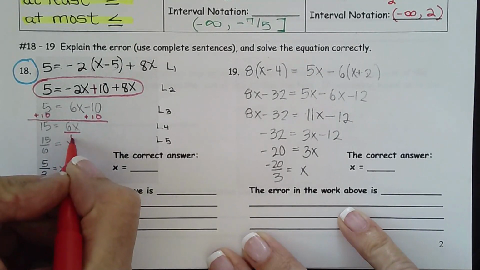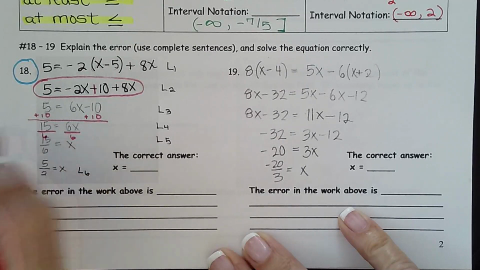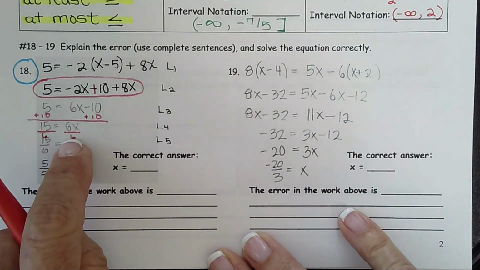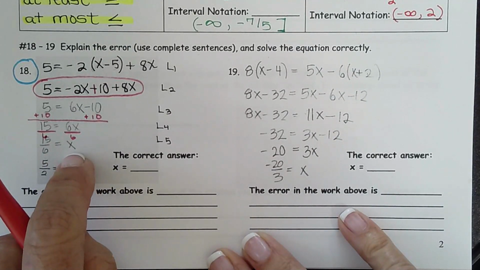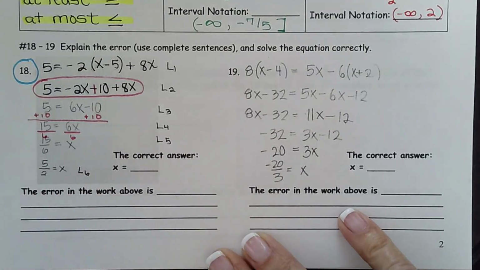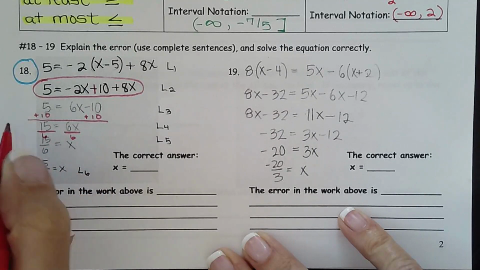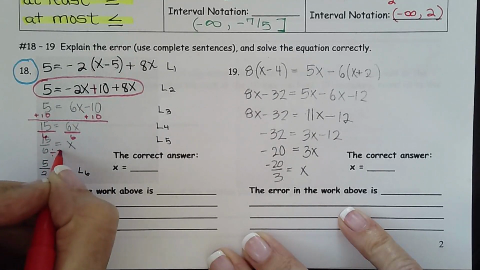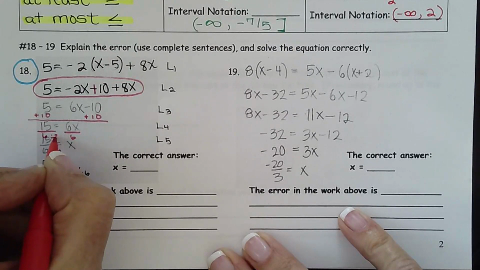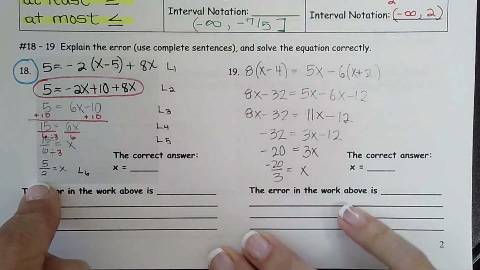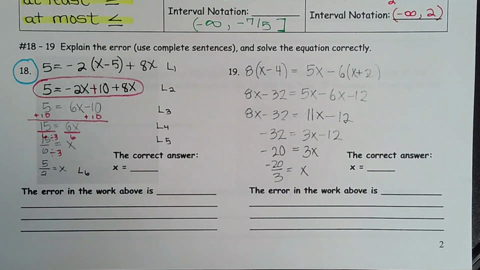Divide 6 into both sides. So that leaves us with x equals 15/6, and then each of those is divisible by 3. So divide by 3, divide by 3. 15 divided by 3 is 5, 6 divided by 3 is 2. So it looks like only line 2 has an error.